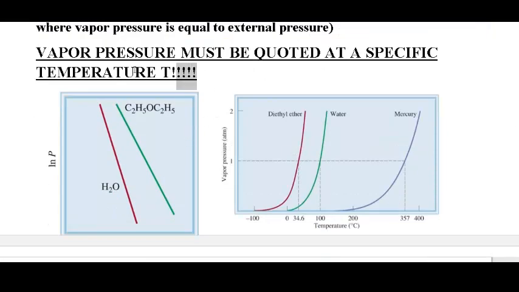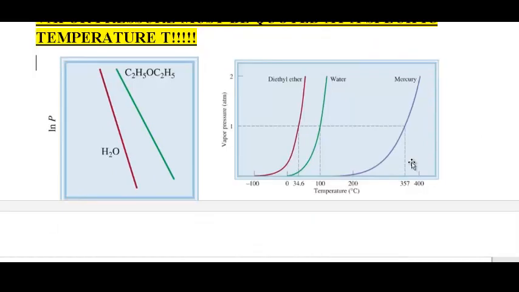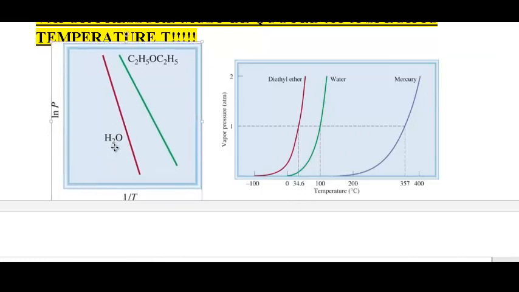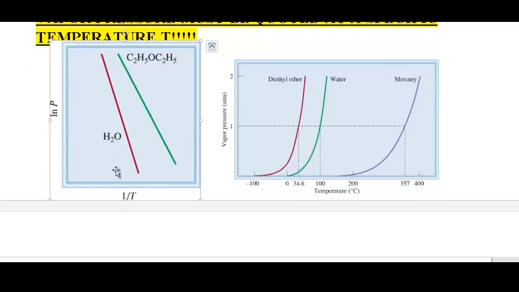Another important point: vapor pressure is quoted at a specific temperature, because vapor pressure depends on temperature. It looks like one of those log curves. The natural log of P versus 1 over temperature is linear, so you can do a linear transformation from the right-hand graph to the left-hand graph to get a line.